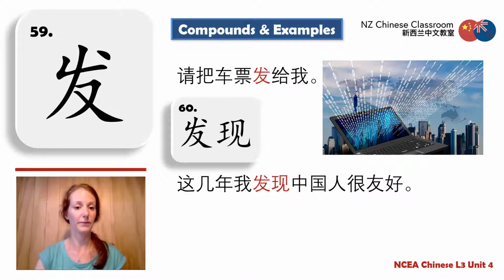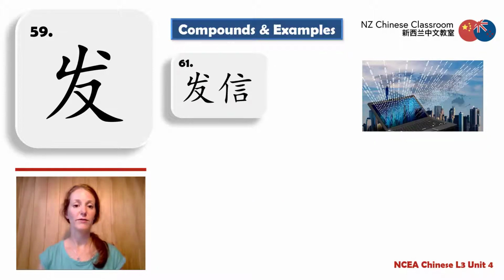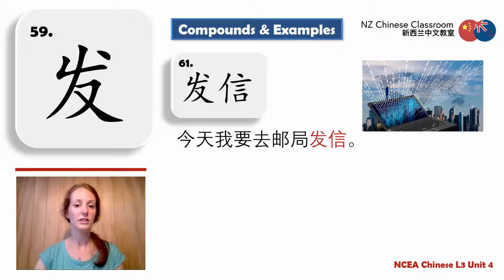To discover. Okay. 发现. So we know 信 means belief or faith, but it also means a letter, like a letter that you post. So 发信 means to send off a letter, to post a letter. 今天我要去邮局发信. Today I need to go to the post office to post a letter.